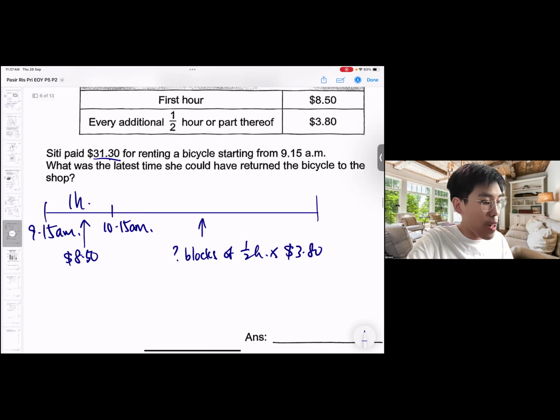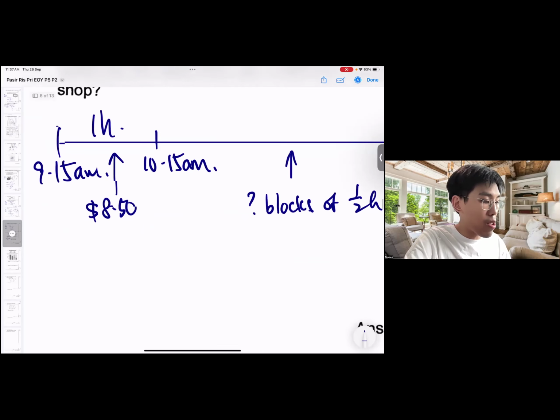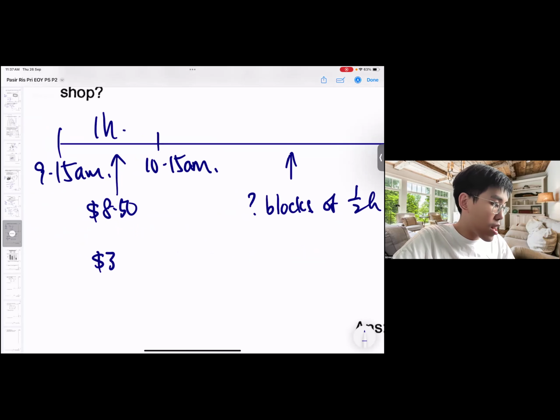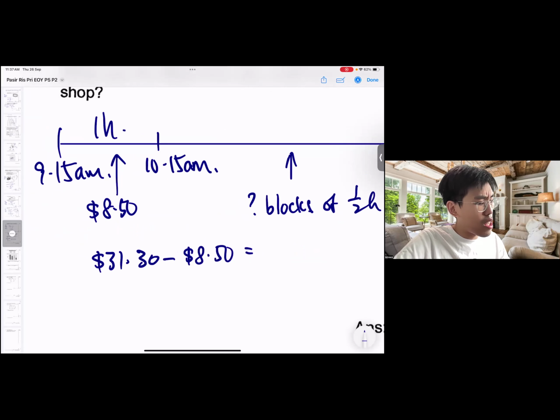Okay, so from here, we go and find the remaining blocks. So it will be 31.30 minus 850. So this one should be 22.80. This one anyway can press calculator. Okay, no need to think too much. 22.80.